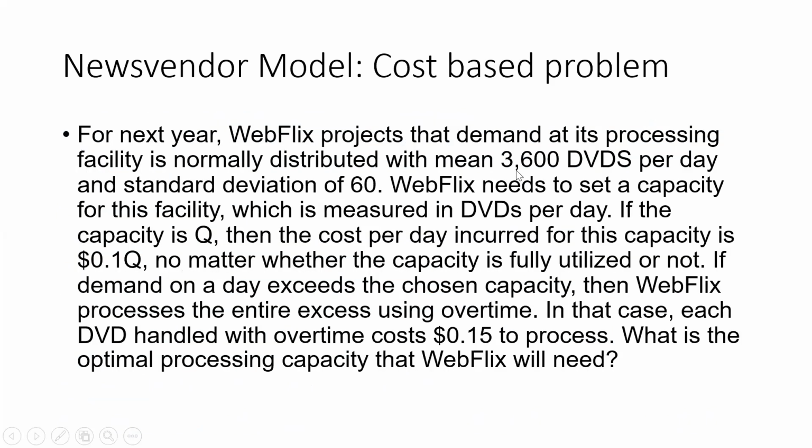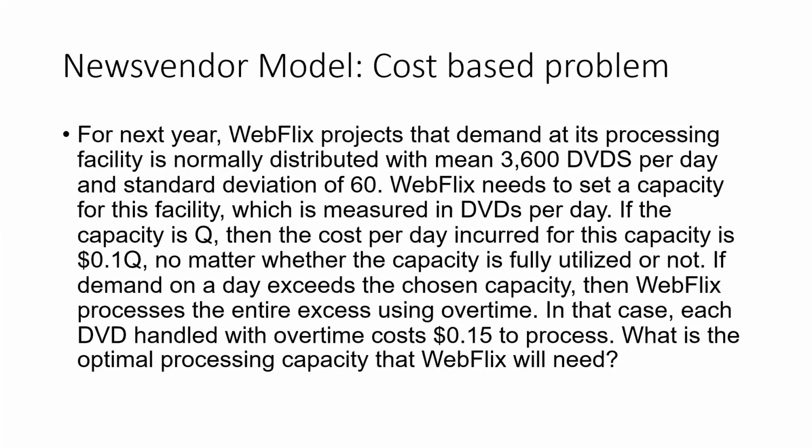Okay, so cost-based problem. This one, we don't have any price. CU is not always price minus cost. CO is not always cost minus salvage. So this one, we only have cost. We figure out CU and CO based on the cost.